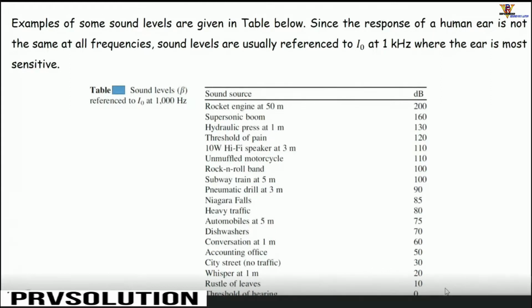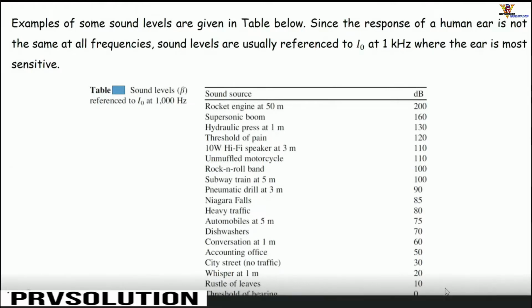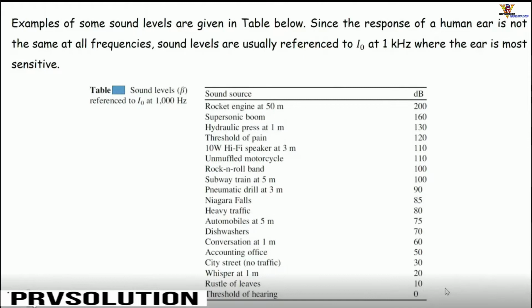For example, a rocket engine at a distance of 50 meters can produce a sound level of 200 decibels at 1 kilohertz. This corresponds to 1 kilohertz frequency only.